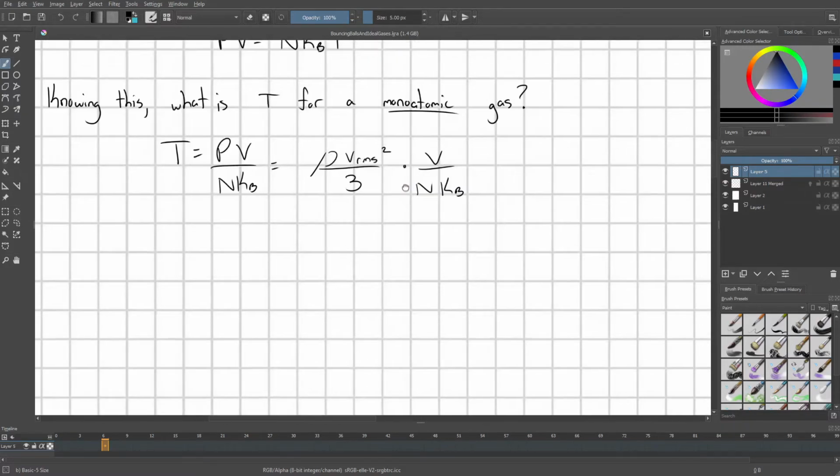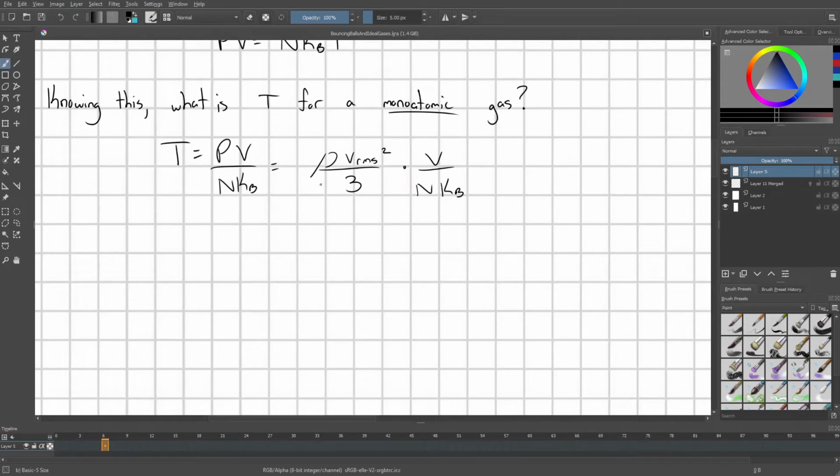Let's go ahead and remind ourselves that density is simply equal to the total mass of our gas, which would be the mass of each particle, little m, times the number of particles, big N, divided by the volume of our container.